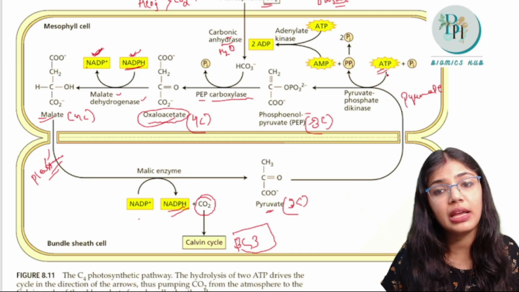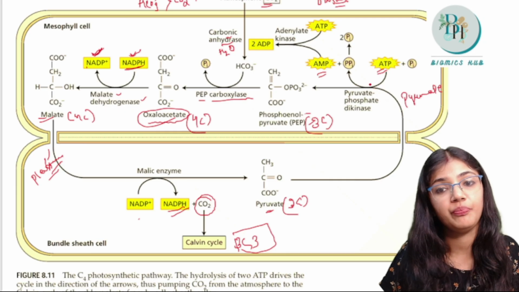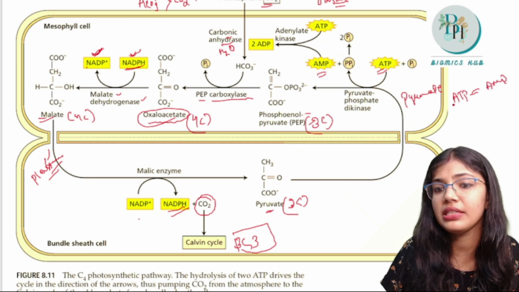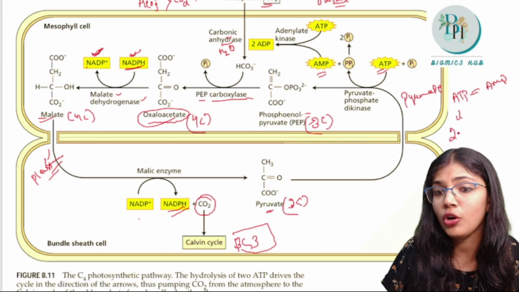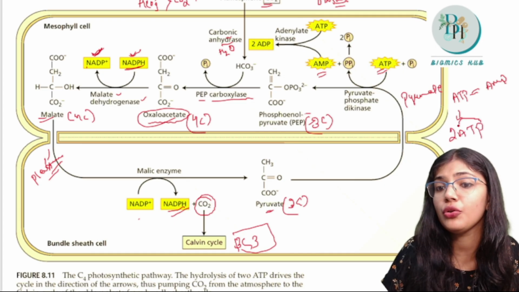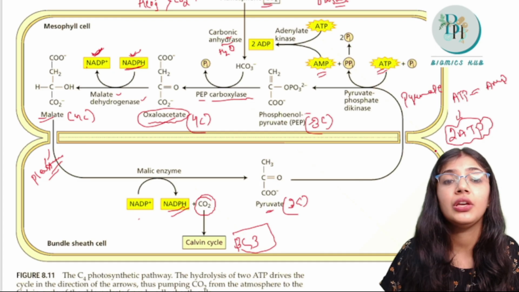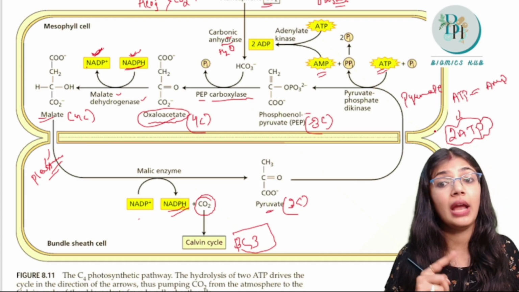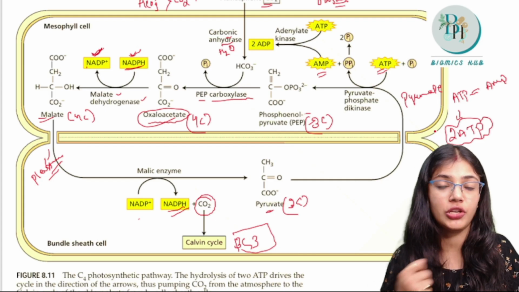Here the ATP is giving AMP, so 2 phosphates are being released. If it is using ATP and giving AMP, that means it is using by default 2 ATP. It is equivalent to utilization of 2 ATP. So for fixation of 1 carbon dioxide, it requires 2 extra ATP molecules.